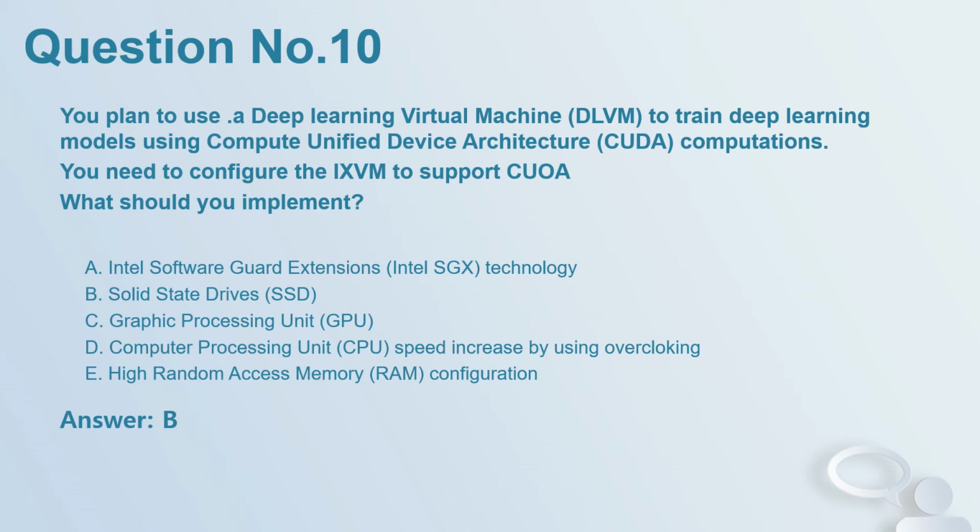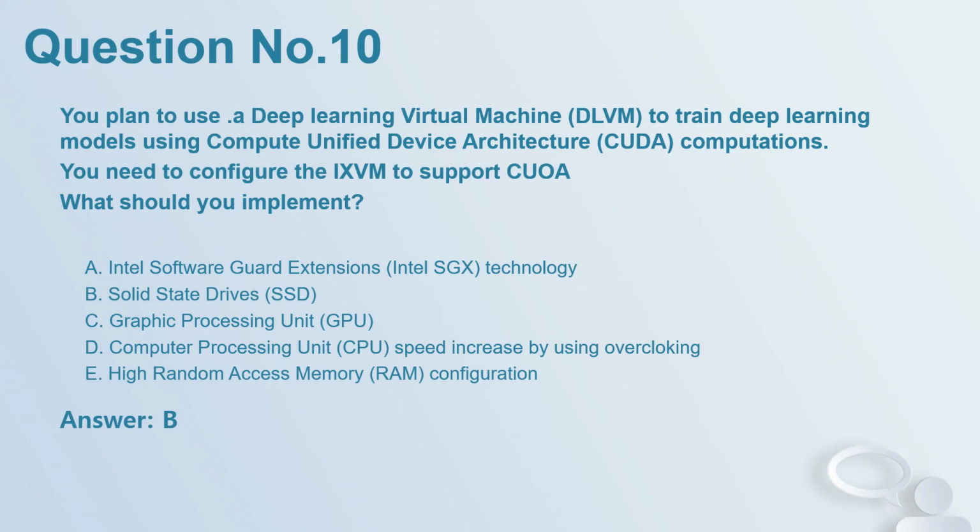Question number 10. You plan to use a deep learning virtual machine (DLVM) to train deep learning models using Compute Unified Device Architecture (CUDA) computations. You need to configure the DLVM to support CUDA. What should you implement? A. Intel Software Guard Extensions (Intel SGX) technology.